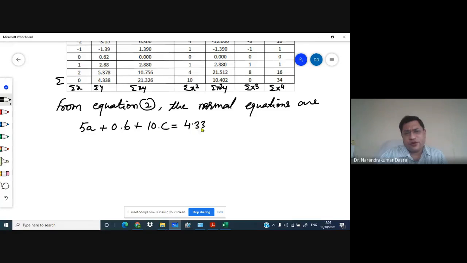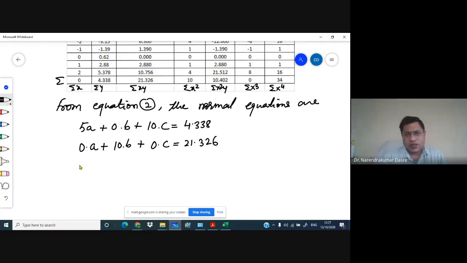So it is going to be 4.338. Okay, now summation X times A plus 10 times B summation X cube times C. So it is going to be 0C, and then it is summation what we get is in X into Y. So 21.326.